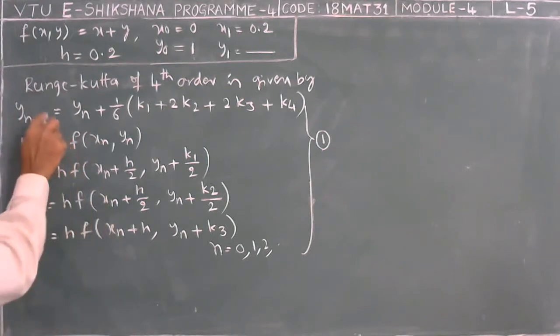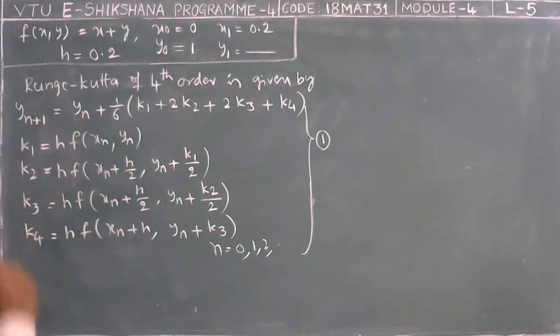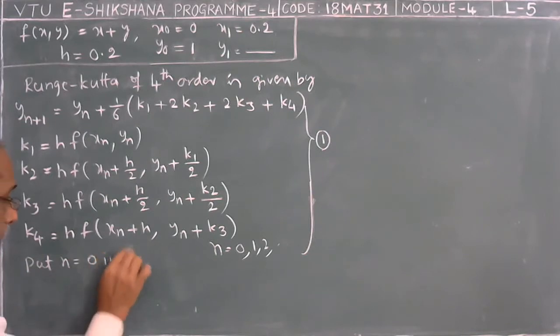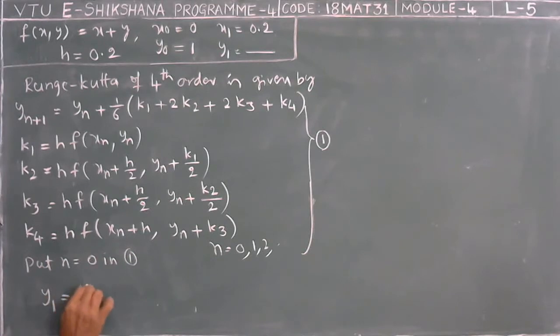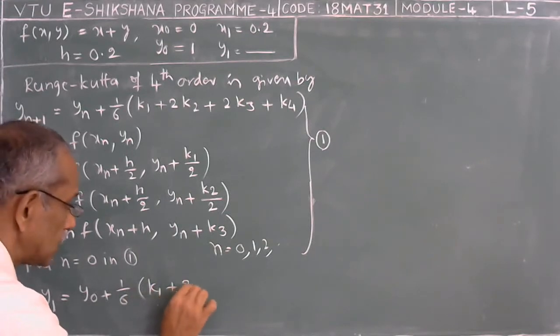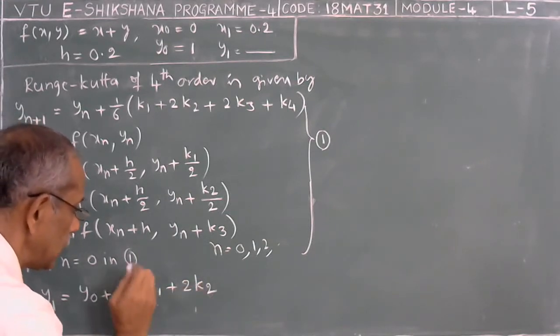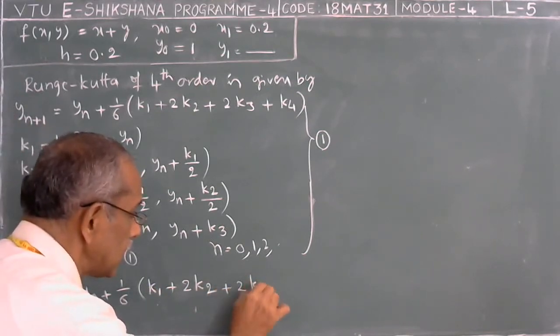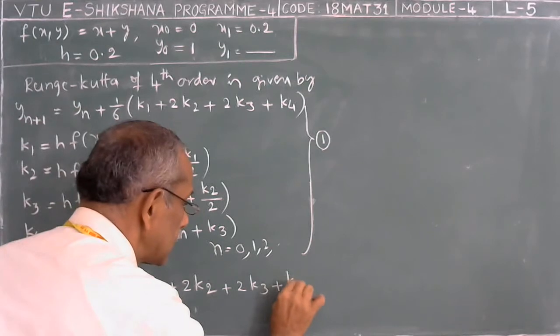Now to get y1 I have to set n is equal to 0 in 1. So I get y1 is equal to y0 plus 1 by 6 into k1 plus 2 k2 plus 2 k3 plus k4.